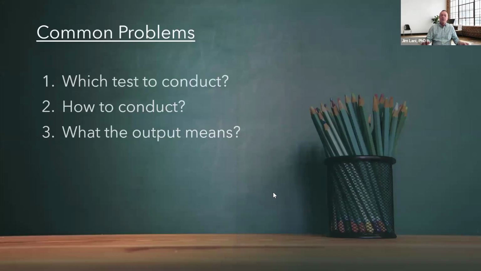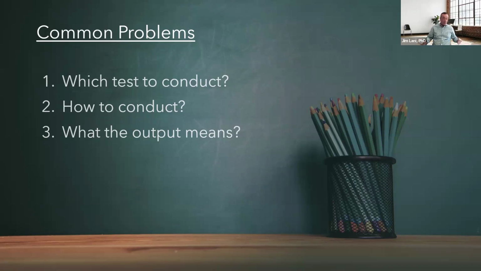And while you're getting logged in, I'll just talk about 3 very common issues. One is what test to conduct. That's always a problem of, I have this data, I have these questions, but I don't know which analysis. So figuring out which test to conduct is one issue.